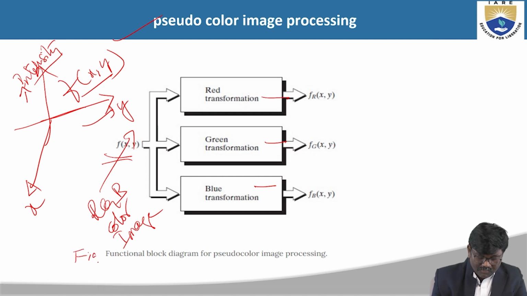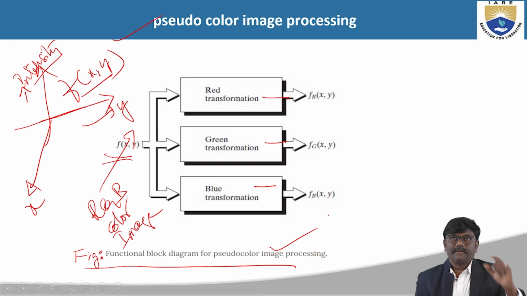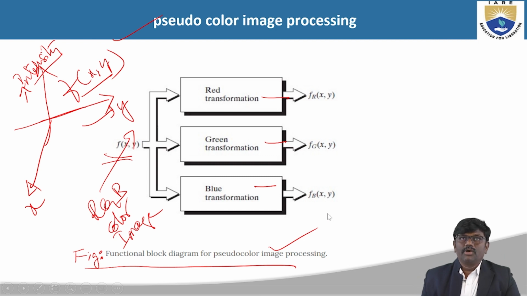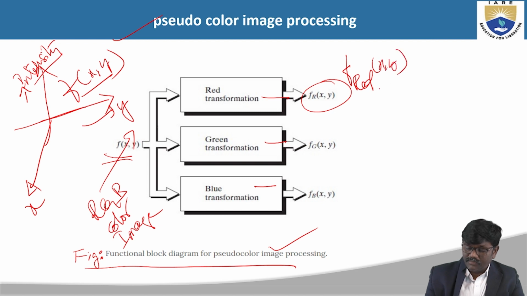This figure is the functional block diagram for pseudo color image processing. You achieve your objective function by converting f of x comma y through the red transformation, which we call f red of x comma y, so your image is completely in red color.